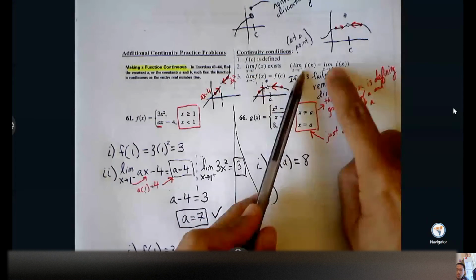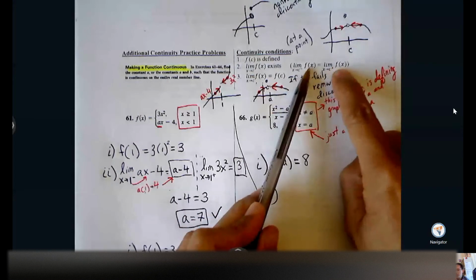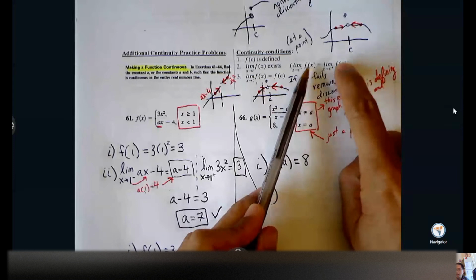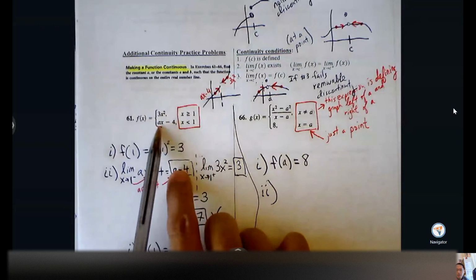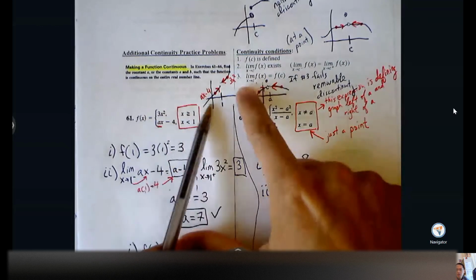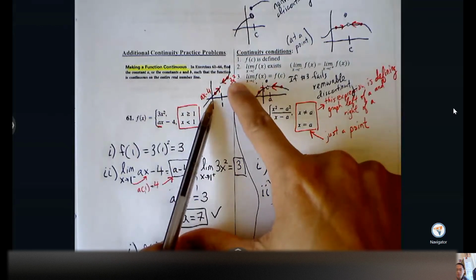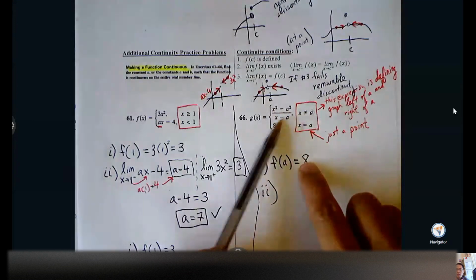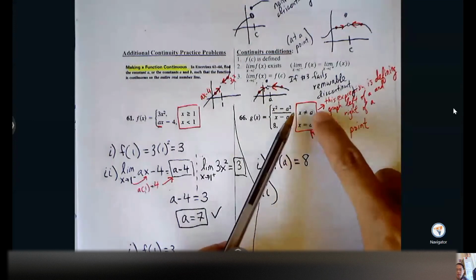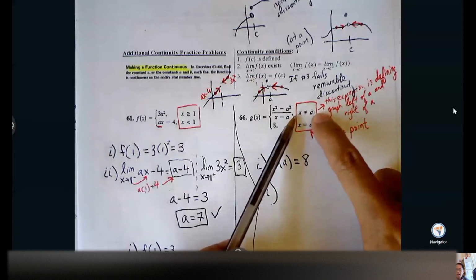So we could use one-sided limits, but then we're kind of duplicating our efforts because it's the same function on either side. But this other one is different, right? This one is distinctly different functions on either side of 1. This one is for less than a and for greater than a. It's just that it's everything but a.